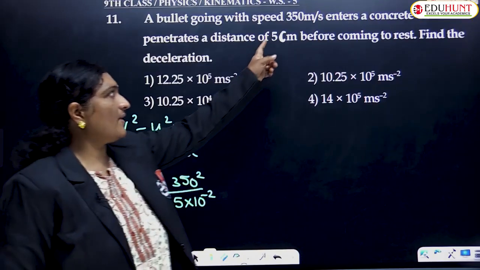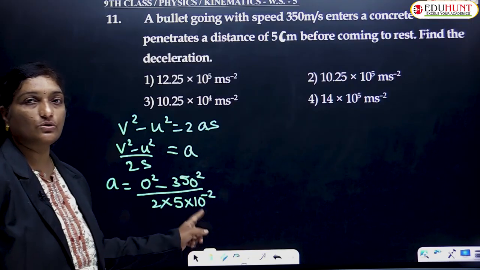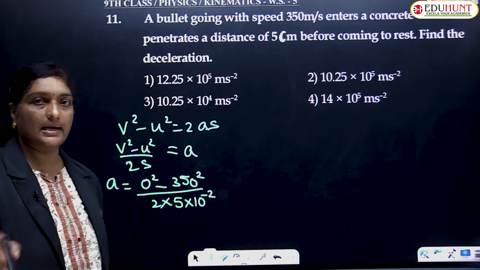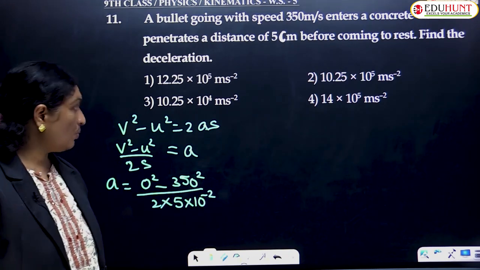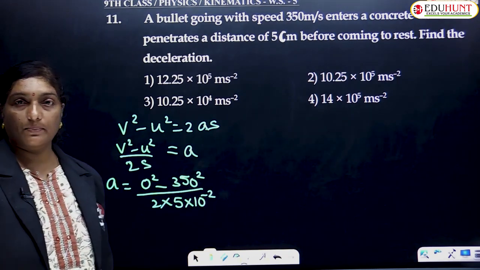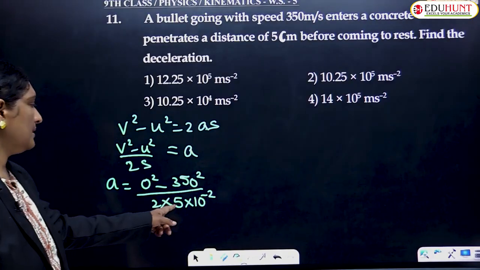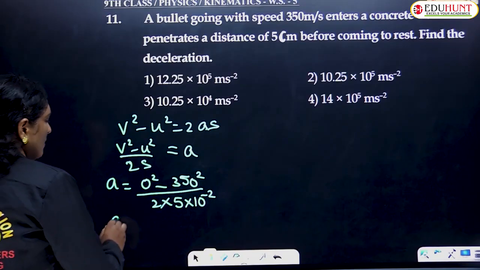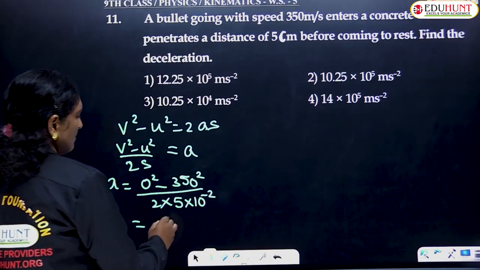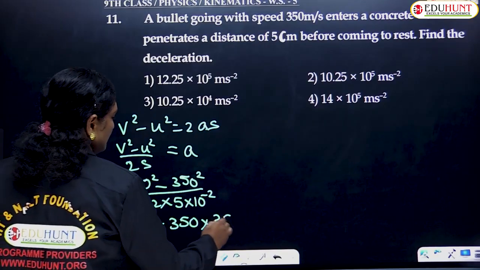Though it was given as 5 centimeters, I converted it to meters. 1 meter is 100 centimeters, so 1 centimeter is 1 by 100 meters. So 5 centimeters is 5 by 100 meters, which means 5 into 10 power minus 2. So after solving, how much are you getting, children? A is equal to minus 350 square, which is 350 into 350.